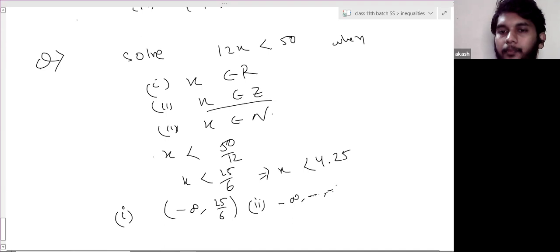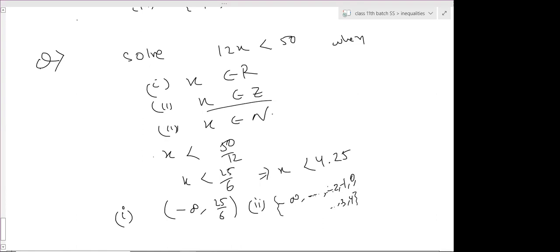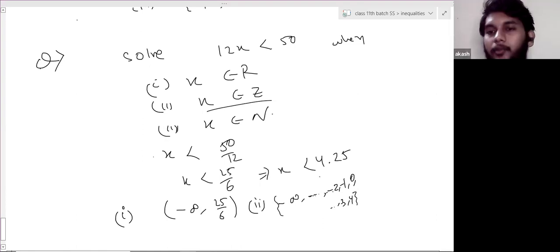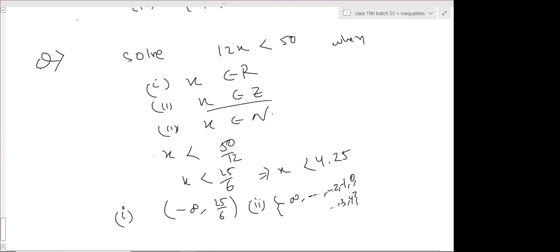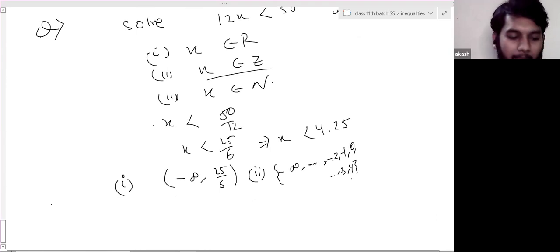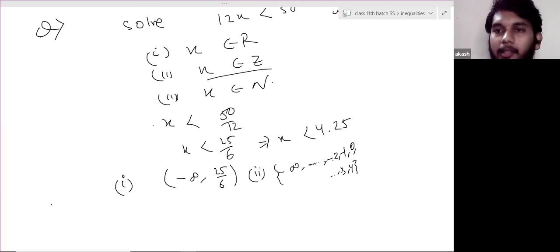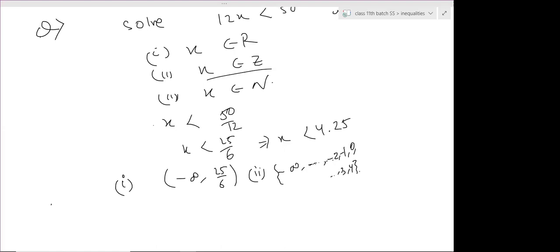Minus 2, minus 1, 0, dot, dot, dot, 3, and 4 also. Yes, because it's 4.25, not 4.1. So the maximum number would be 4. This is clear, Iram? Yes.